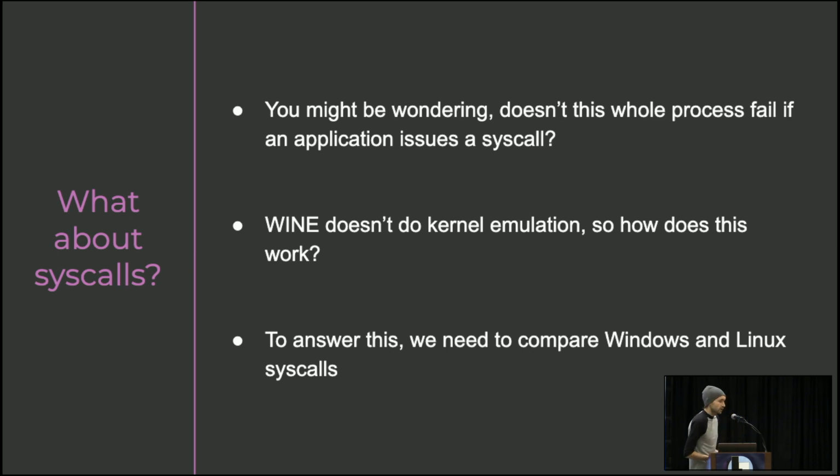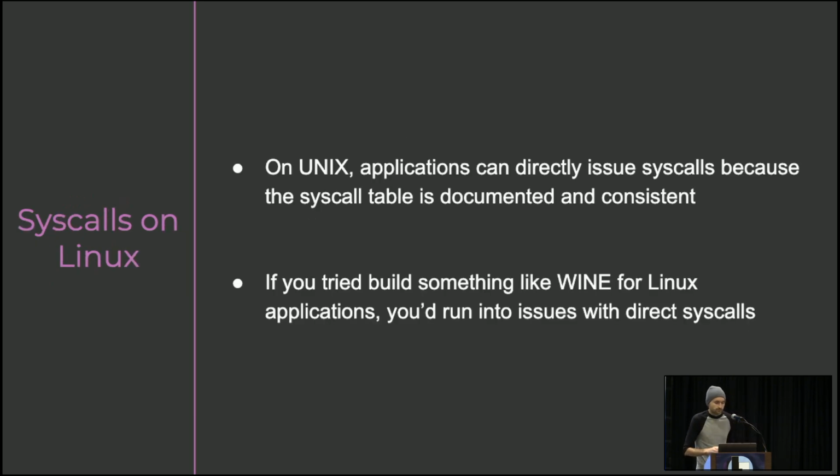How does this work? To answer this, we need to compare how Windows and Linux treat syscalls. On Linux, or really any Unix system, applications can and relatively often do directly issue syscalls because the syscall table, the structure that defines what a syscall is, what its number is on this table, what its arguments are, what it does, is well documented and consistent.